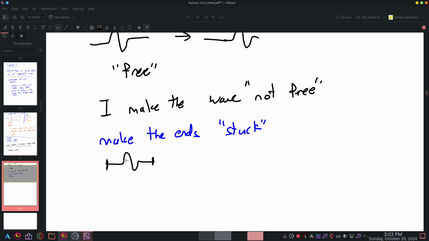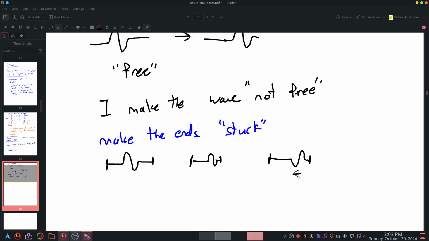Let's say you have the wave and it still travels to the right like that, and then it's about to hit the right side. Once it hits this right side, what happens? Since this is stuck, and we assume that the energy is conserved and doesn't get lost to friction or whatever, it will interfere with itself and start going backwards. Maybe like this. I might be doing it wrong, but I just want to give you the brief idea of what's going on.